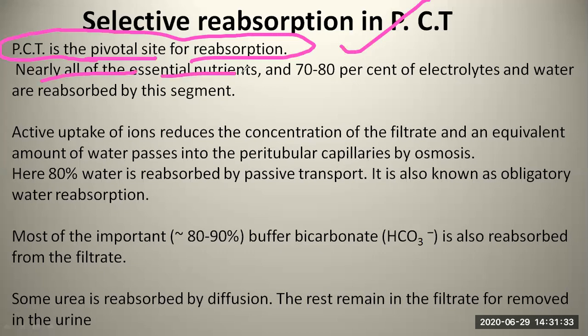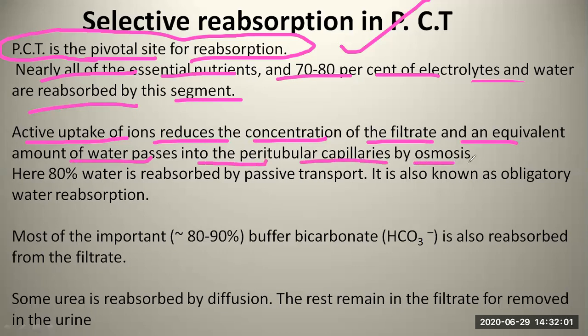Nearly all of the essential nutrients and 70 to 80% of the electrolytes and water are reabsorbed here. Active uptake of ions reduces the concentration of the filtrate, and an equivalent amount of water passes into the peritubular capillaries by osmosis.